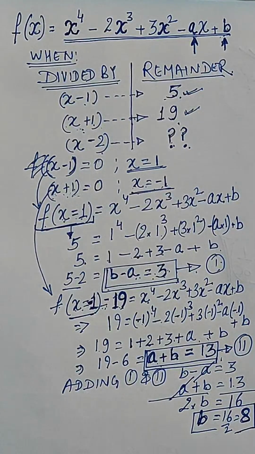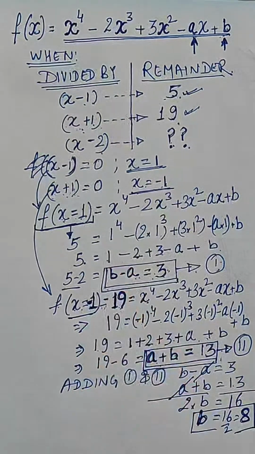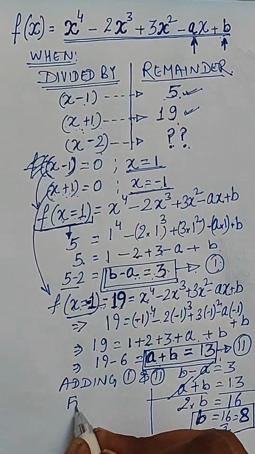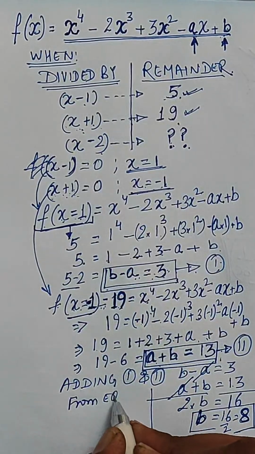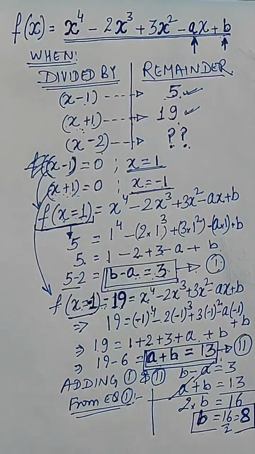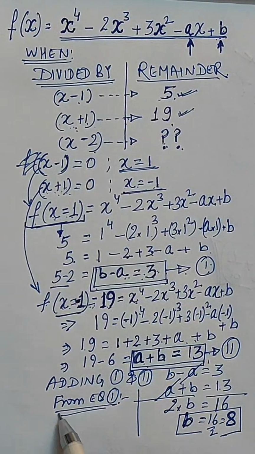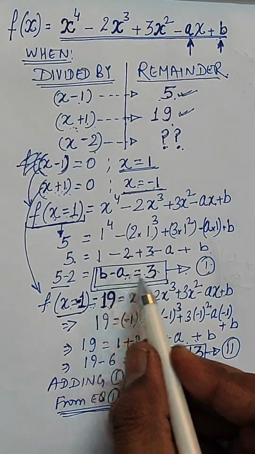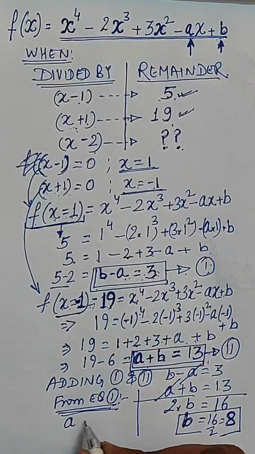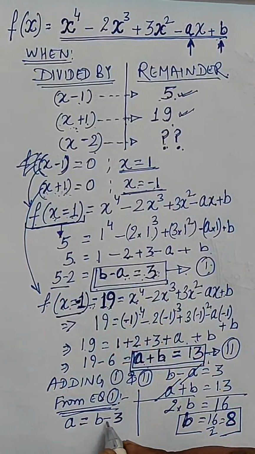Right? If b is calculated, it's very easy to calculate a. How? From equation number 1, let us put up the value, that's it, nothing else. Right? You have already solved the question. Okay, only a few steps are left. From equation number 1, we can write b minus 3 is the value of a. The value of a is b minus 3, right?